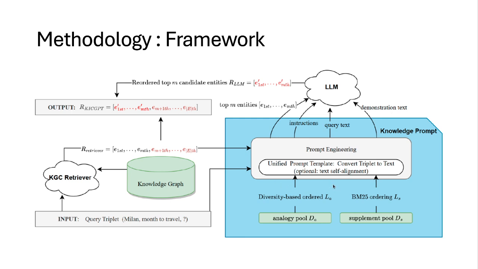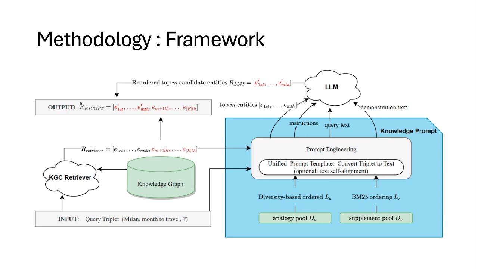After processing through the knowledge prompt and refining task, the LLM gives a top-M candidate list, which is a more refined candidate list, named R-LLM.